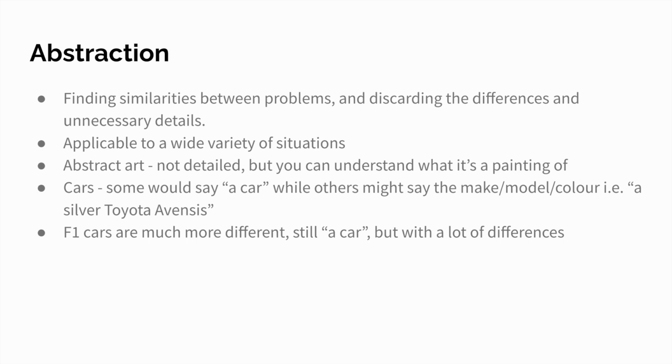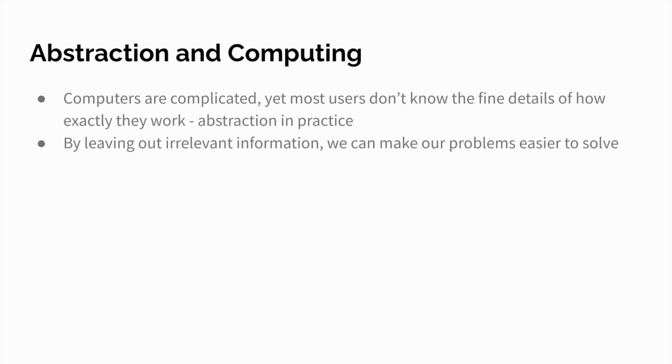Yes, it's a car. Formula One cars possess more differences. Like they don't have a door, or they don't have a roof, so they're not traditional cars in a sense. So we can sort of abstract them differently, but they can still abstract into a car. We can still technically call it a car. Abstraction then in terms of computing.